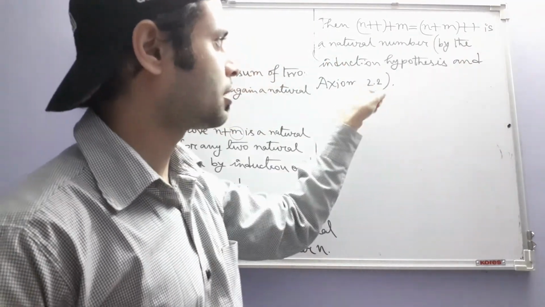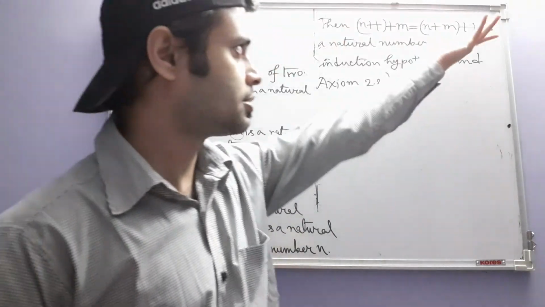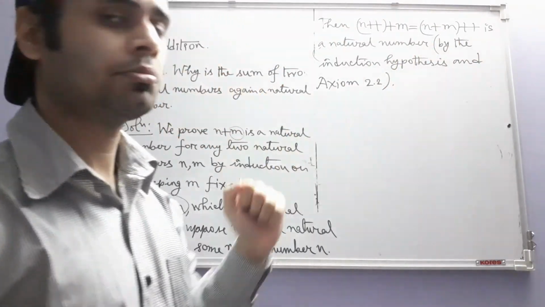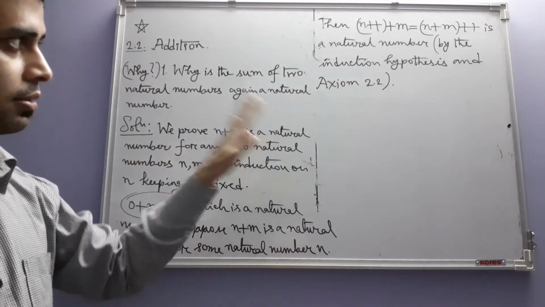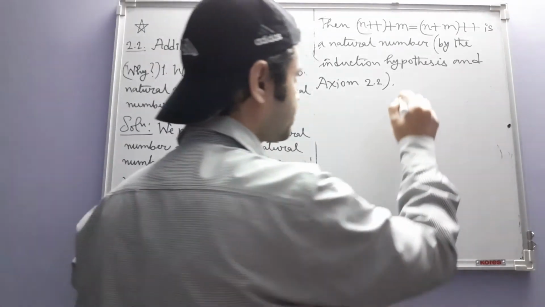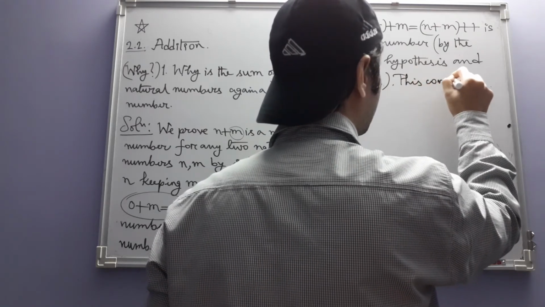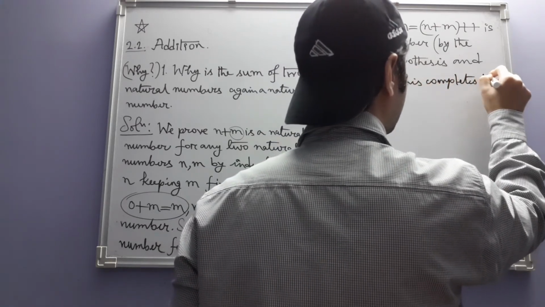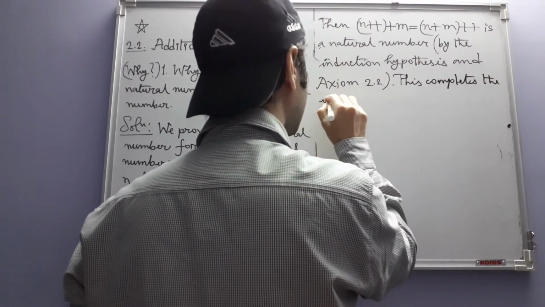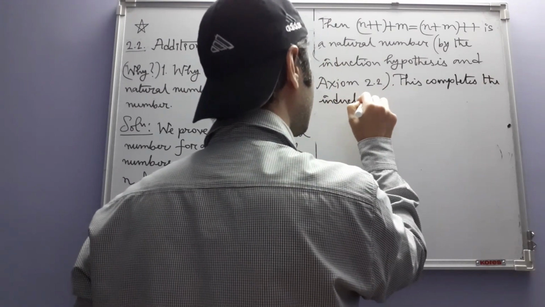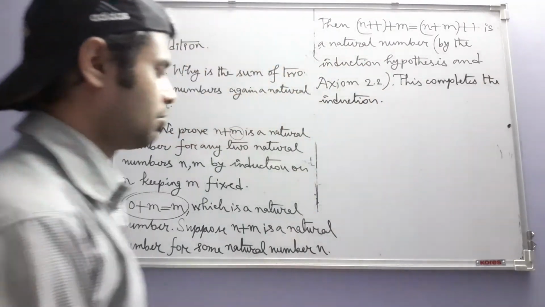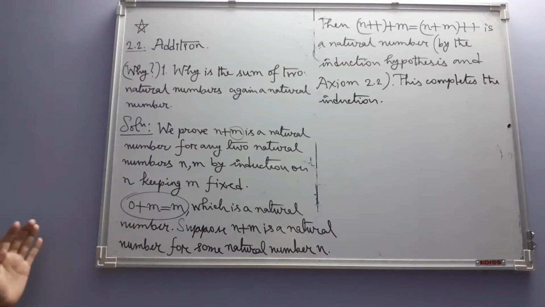N plus m is natural by the induction hypothesis. Its successor is natural by the second Peano axiom. And this completes the induction. This completes the induction, and now the proof is over.